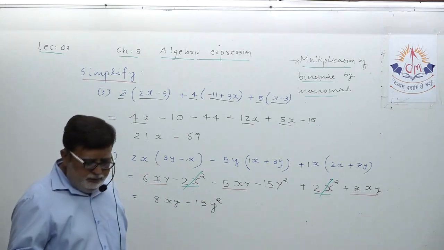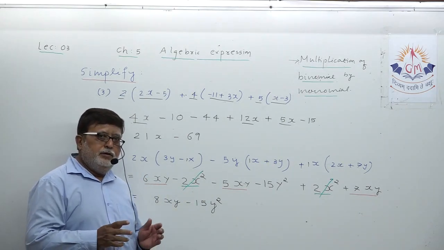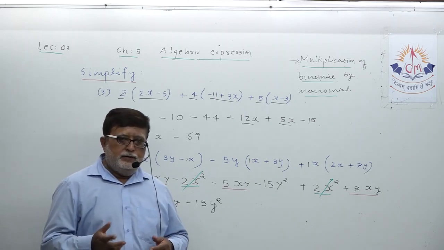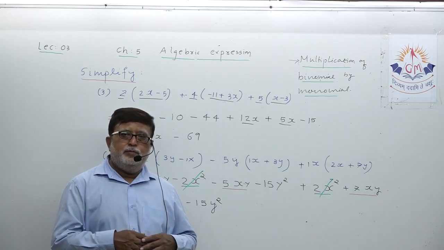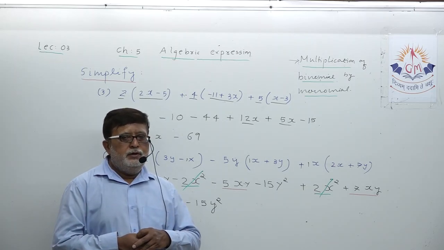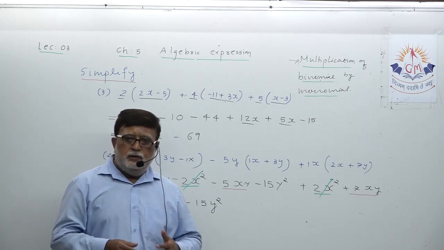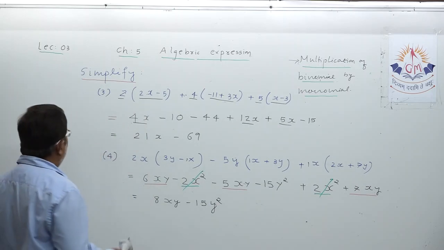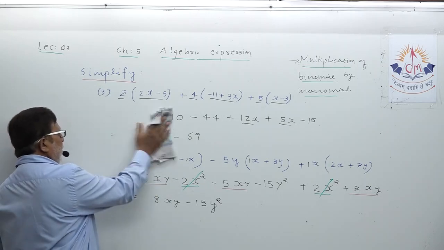Right, dear students? So today, before I write the homework here, we have just extended the topic of lecture number 2, that is multiplication of monomial and binomial, and some examples of simplification. Okay? Is it clear? Now I am writing the homework for you. Please note it down.